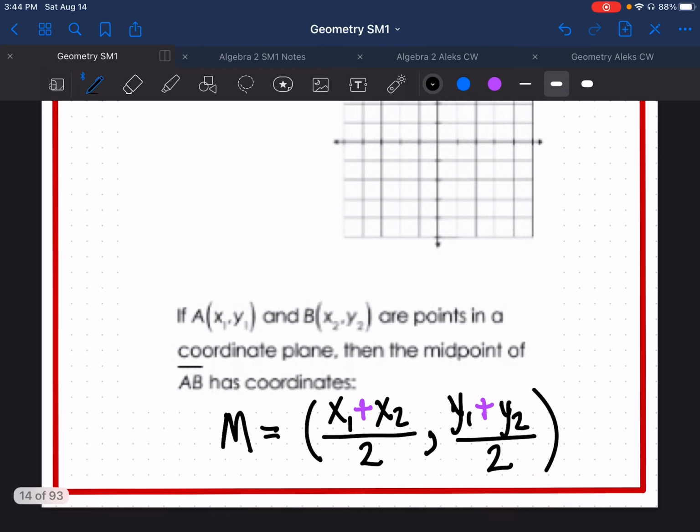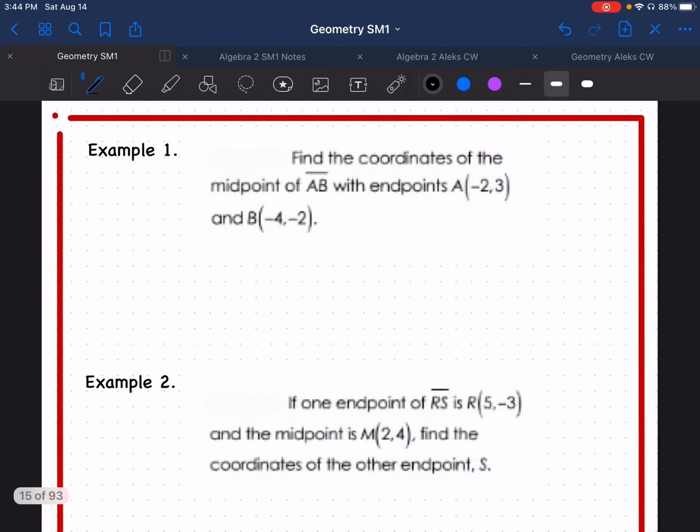So let's take a look at our first example. Find the coordinates of the midpoint of segment AB if the endpoint A is at (-2, 3) and the endpoint B is at (-4, -2). The first thing I would do is grab my highlighter and look for the word midpoint.